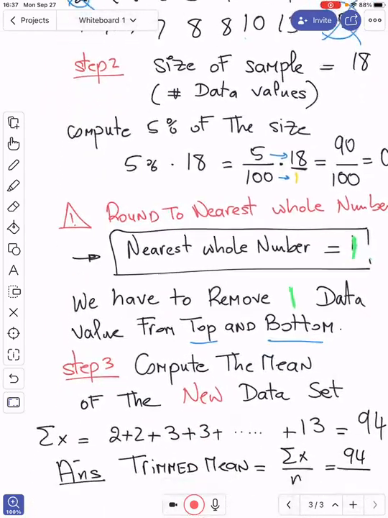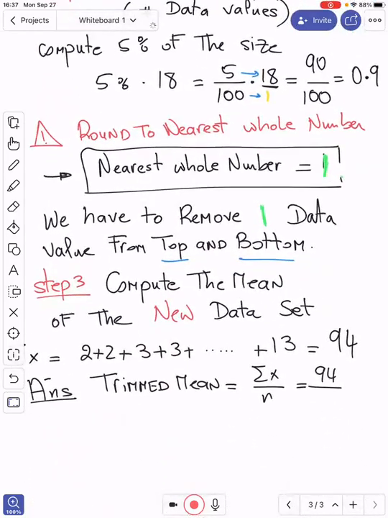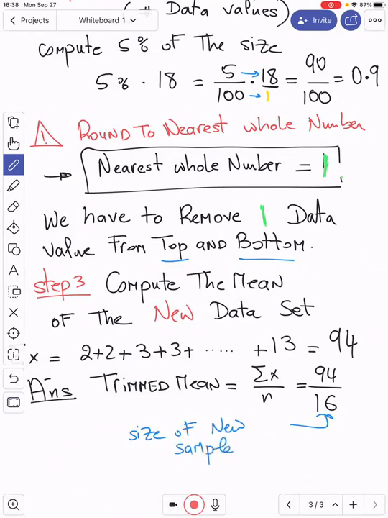So be careful, guys. We need to divide by 16, the size of the new sample. All right, and the answer, the trimmed mean, would be 5.9.